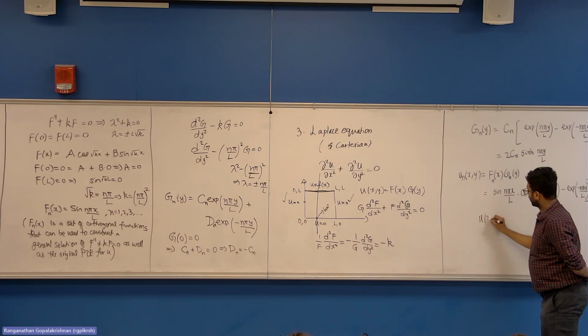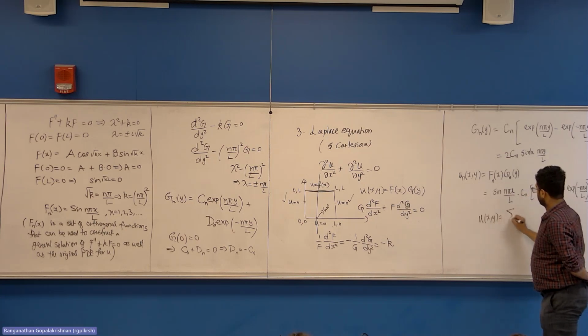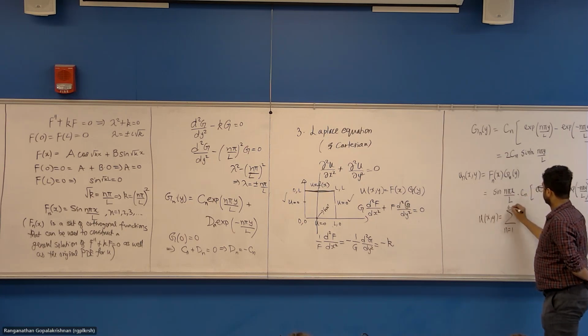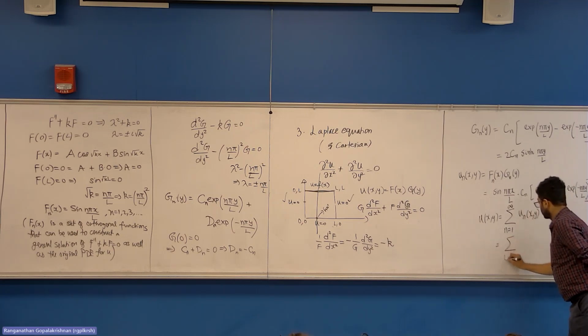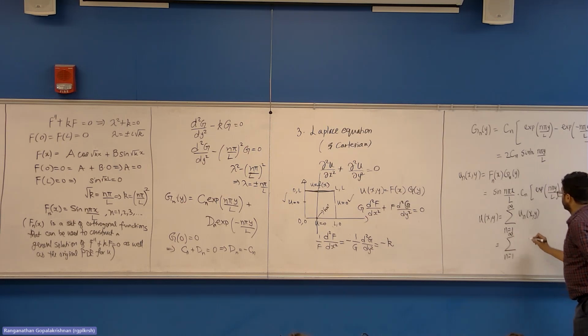If you write u of x comma y as the Fourier series, summed over n from 1 to infinity, this will be n equals 1 to infinity Cn sine n pi x over L times exponent of n pi y over L minus exponent of minus n pi y over L.